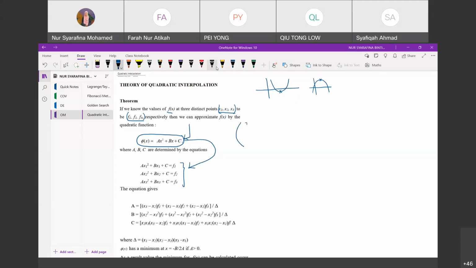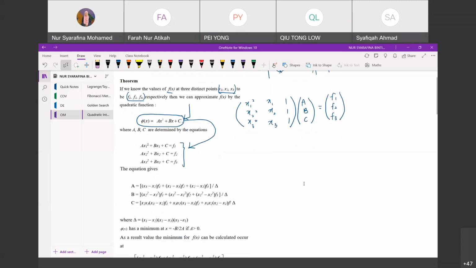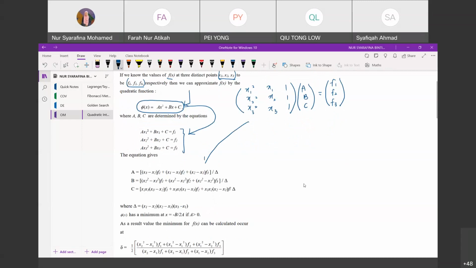We have x1 squared, x2 squared, x3 squared, x1, x2, x3, 1, 1, 1, and we are going to find the values of a, b, c. The solution of a, b, and c comes from the solution of the matrix here.